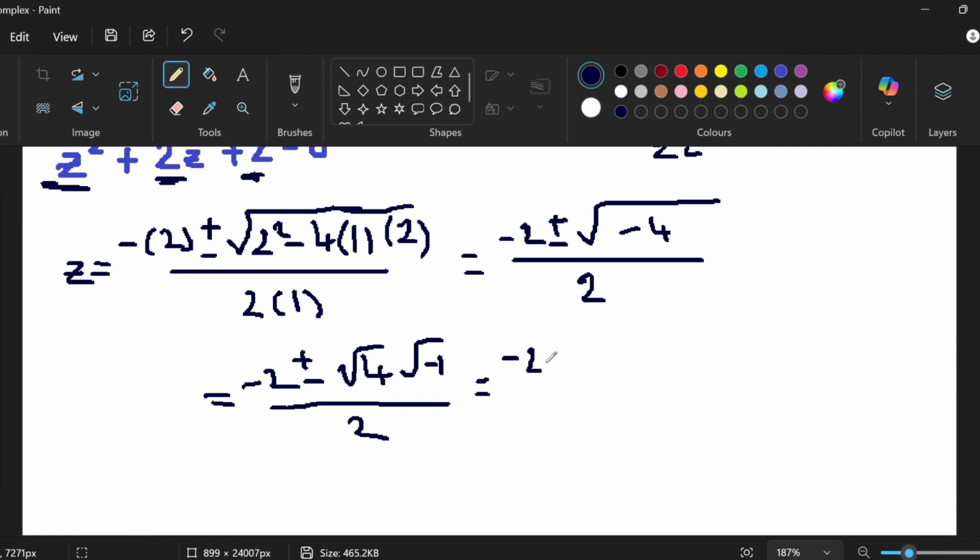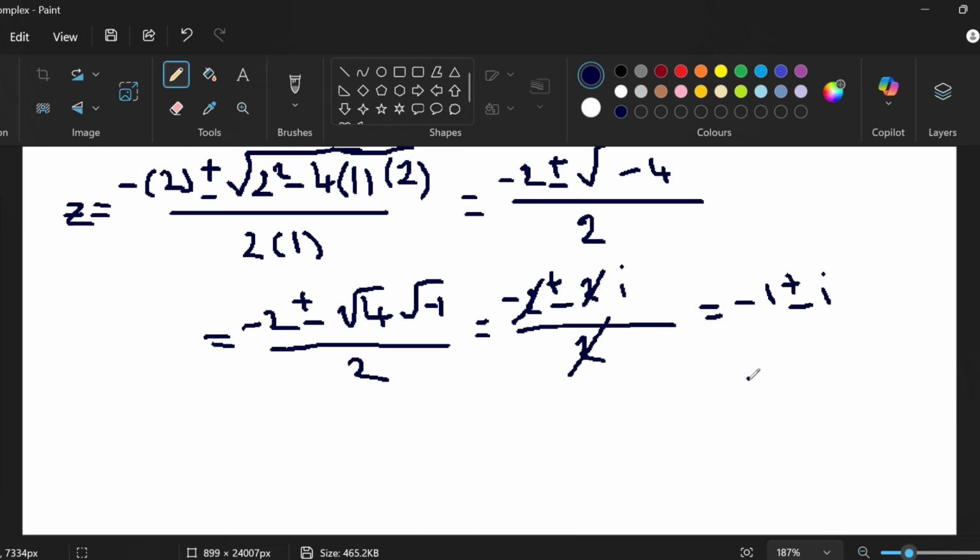This is all equal to minus 2 plus or minus 2i, because 2 is the square root of 4 and the square root of minus 1 is i, divided by 2. And now we can just take this 2 out of the equation, dividing out each term. We're going to get minus 1 plus or minus i.